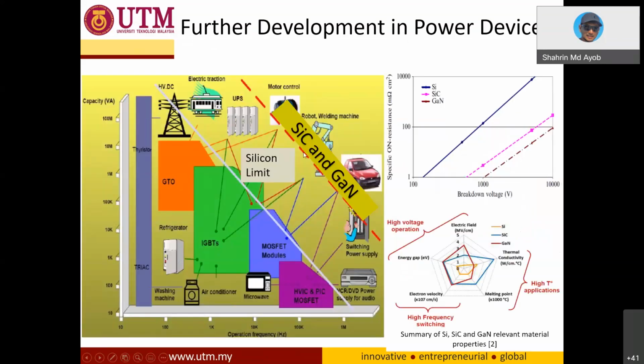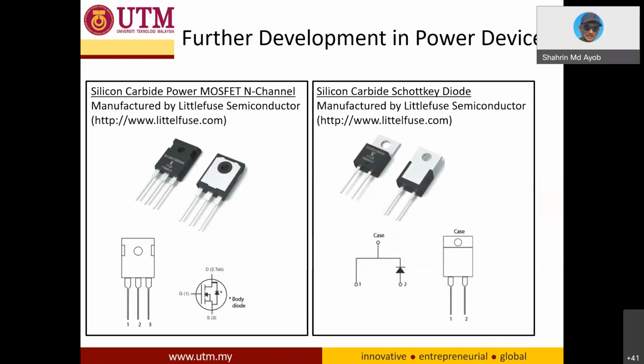As you can see, this is the limitation of silicon right now. By using silicon carbide and gallium nitride, the boundary can be increased, meaning that the capability of handling high power and high frequency switching can be increased. Okay, I think that's all.